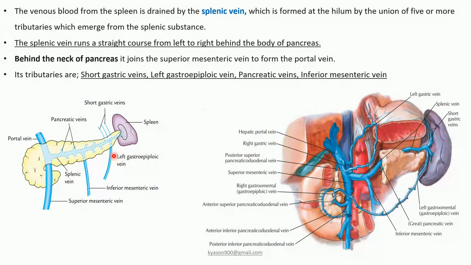Okay, this is what I have answered shortly. Someone was inquiring. This left gastroepiploic or left gastromental vein is going to be a tributary of the splenic vein, as you can see here. Then the right gastromental is a tributary of the superior mesenteric vein. This further answers a question that was posed by someone.